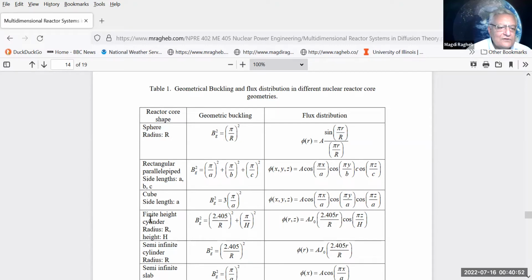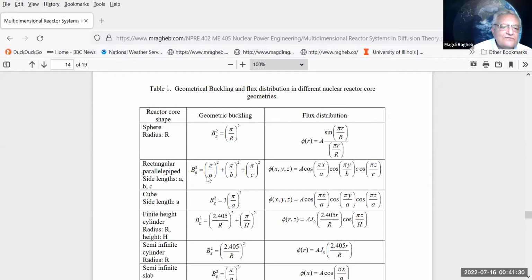We consider the finite cylinder. The buckling is a combination of the axial leakage plus the radial leakage, and the solution is a J sub 0 of 2.405 r over R, cosine of pi z over H. And if you take the same situation, without going through the details, for a parallelepiped geometry, you'll find that the buckling has three components: one in the x direction, one in the y direction, and one in the z direction.